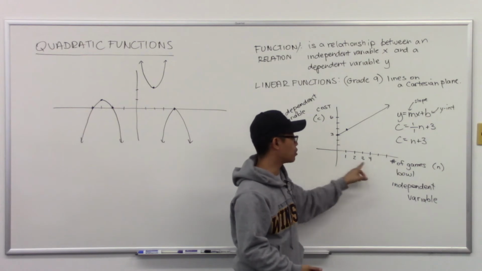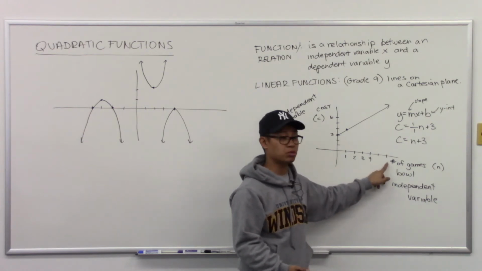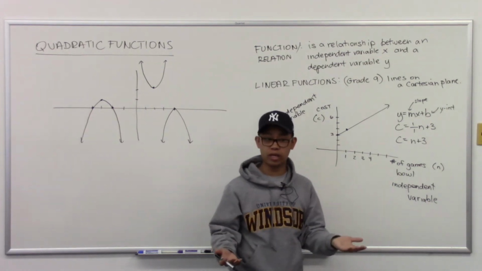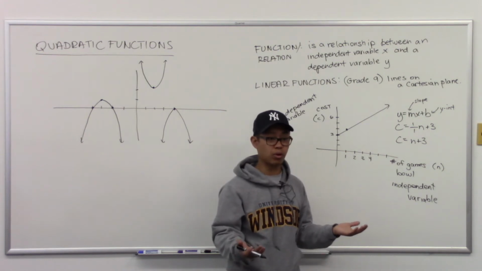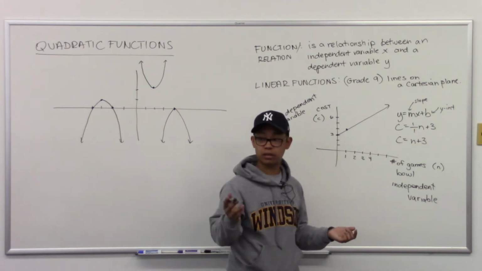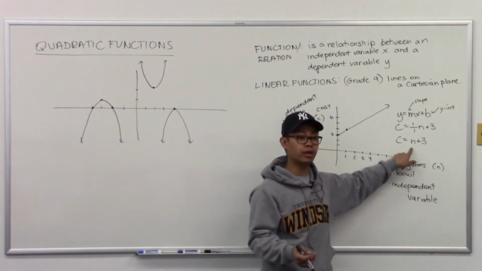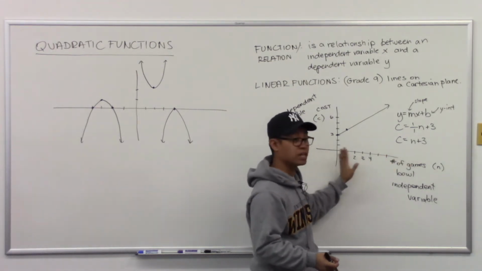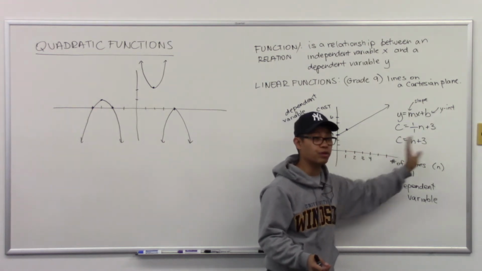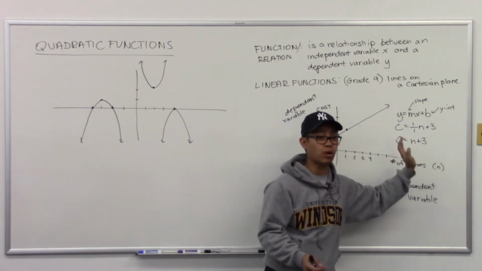This only goes up 4 games, or 5 games, or 6 games. But what if I want it for 20 games? Where would I put the 20 in? Yeah, you would put the 20 in for here. So then I don't need a graph because I can just use the equation to figure out what my C value is way down the line.